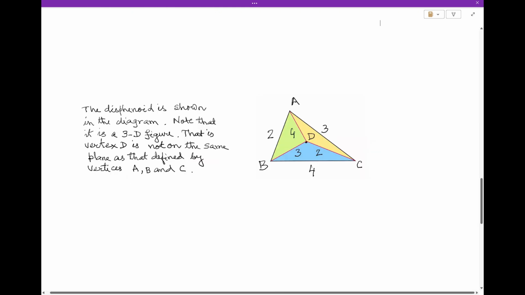The disphenoid is shown in the diagram. Note that it is a three-dimensional figure, that is, the vertex D is not on the same plane as that defined by the vertices A, B and C, but it is raised upwards.